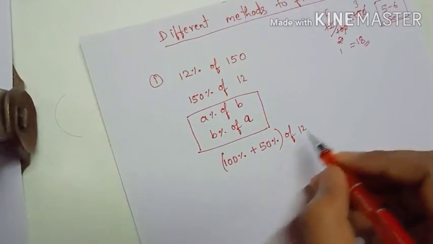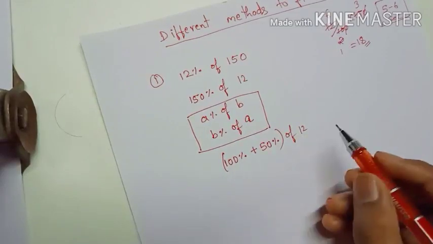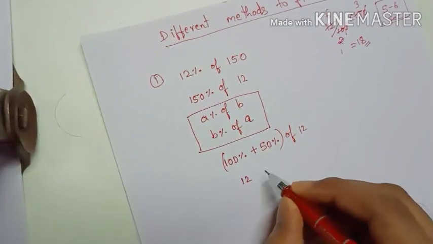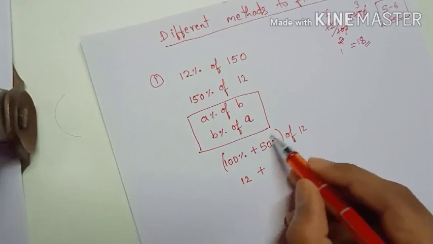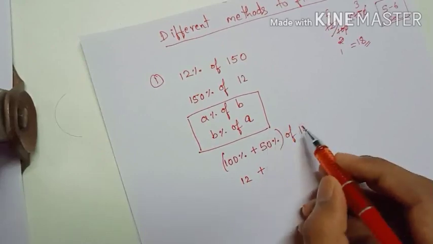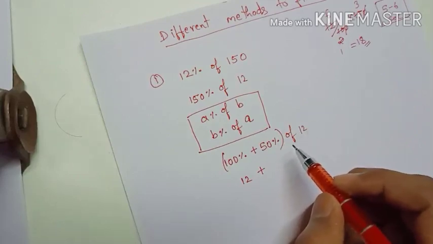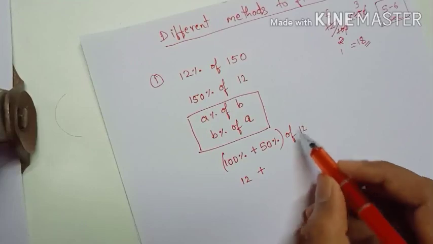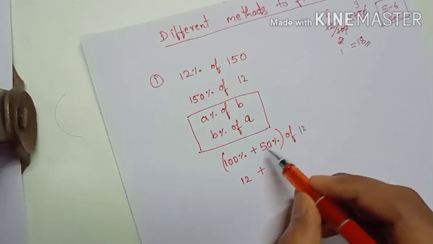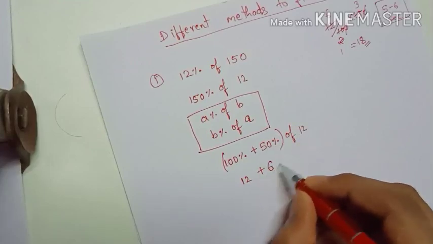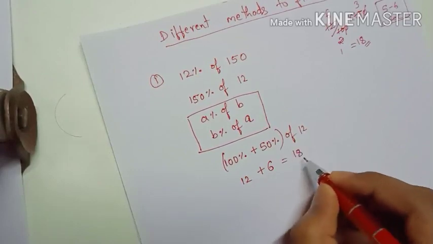What is 100% of 12? It will be 12 itself, plus 50% of 12. If you want to find 50% of any value, you just divide the number by 2, so half of that value will be 50%. 50% of 12 will be 6. That's it, the answer is 18.